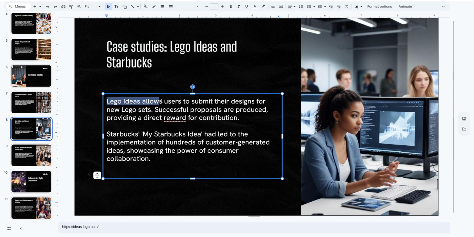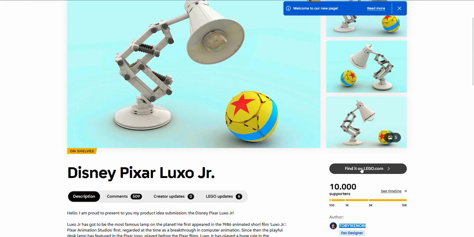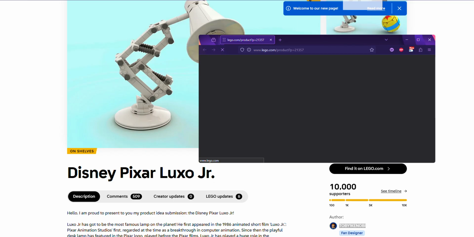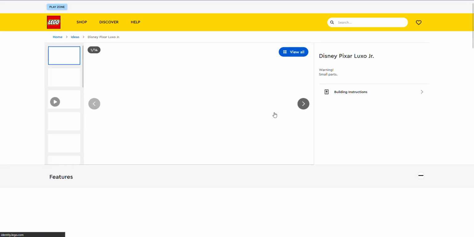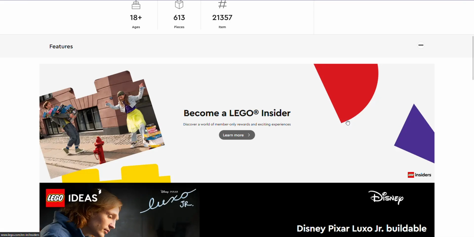So Lego Ideas allows users to submit their designs for new Lego sets. Successful proposals are produced, providing a direct reward for contribution. Like this, you can find it on lego.com. Let's go to lego.com, this particular product. Okay, warning, small parts. 613 pieces, building instructions.